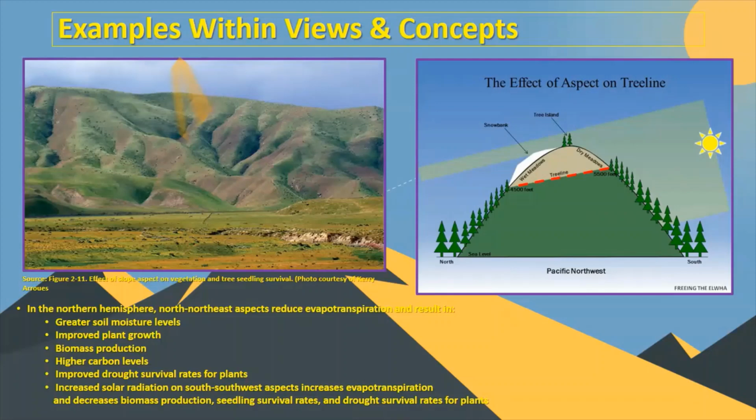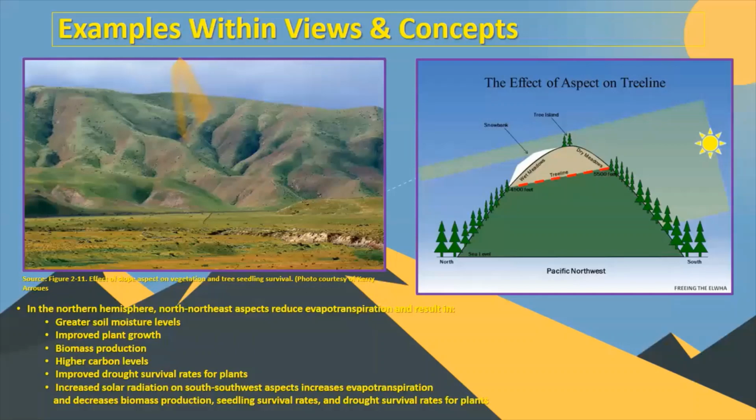Eastern slope. So in the northern hemisphere, the northeast aspect reduces evapotranspiration. That's what plants put out, transpire. There are greater soil moisture levels, improved plant growth, and biomass production, that is plant matter production, with a higher carbon level because of that.